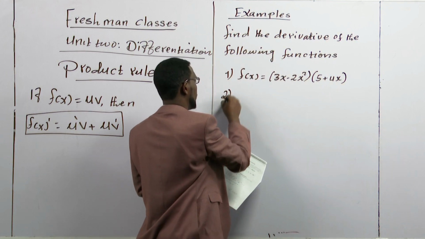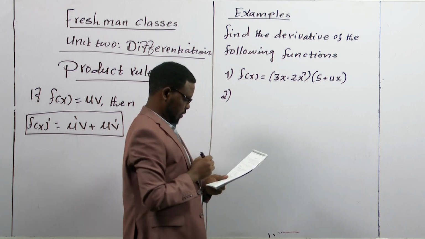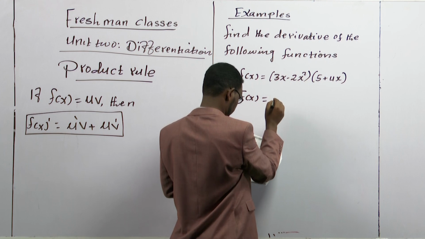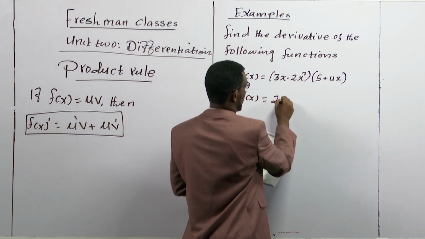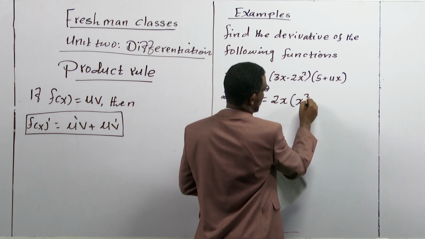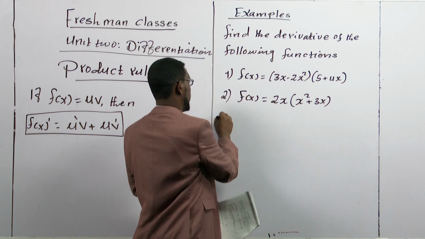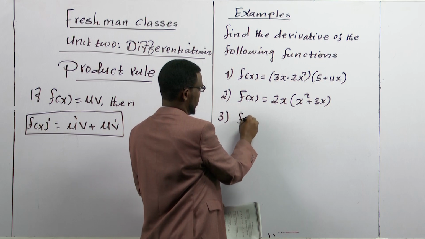Number two, f of x is equal to 2x times x squared plus 3x. Example 3, f of x.